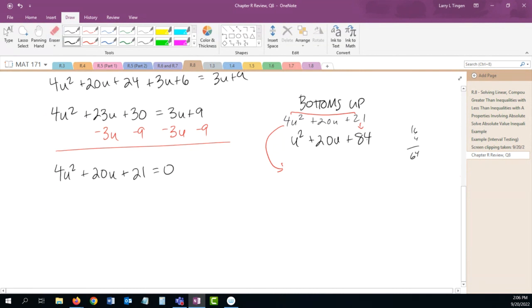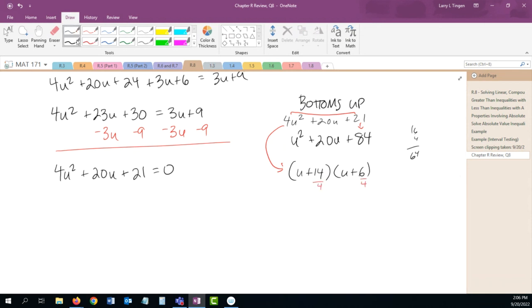Let's see. I know 6 goes into this 84. Divide 6. It's 14. That's it. We were almost there. 14 and 6. Now do that division.